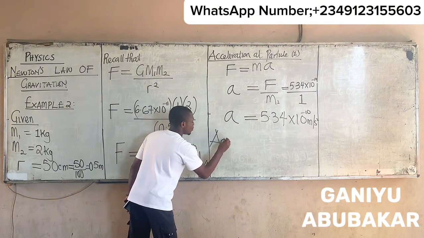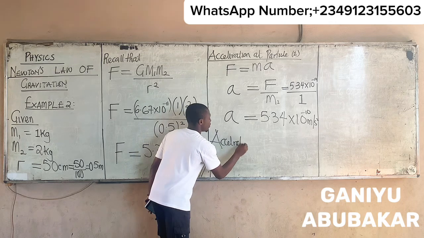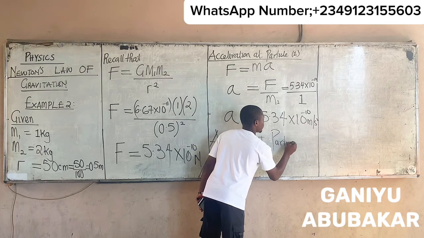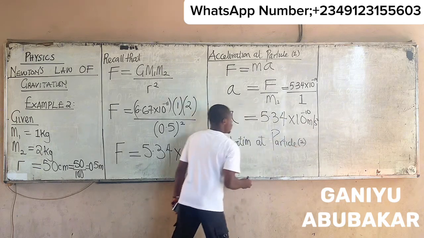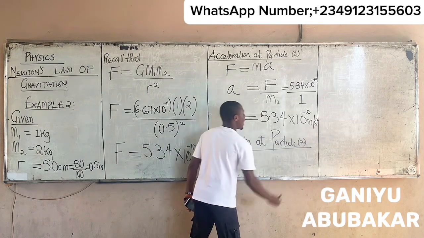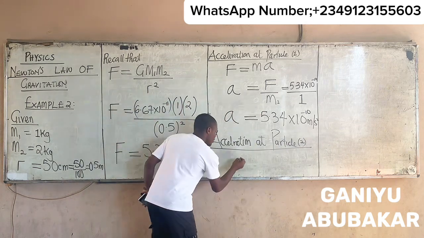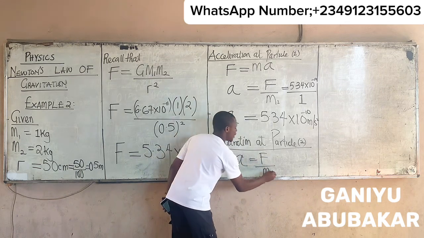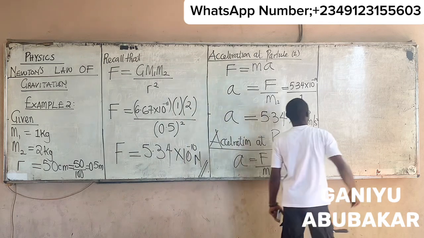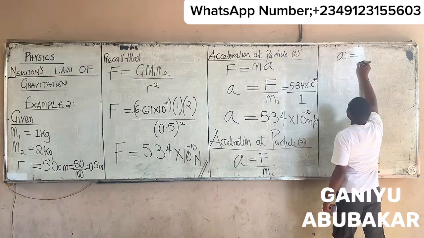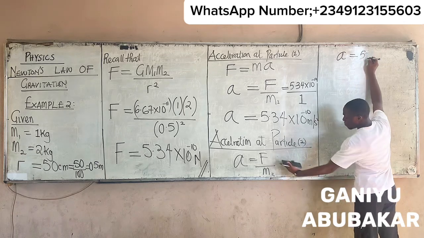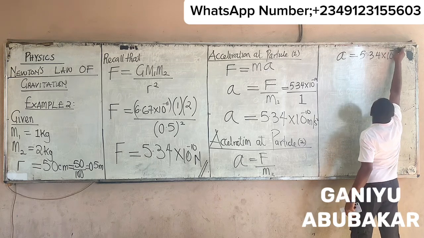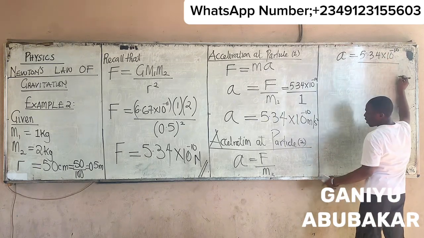Let's get the acceleration at particle 2. For particle 2, it's as easy as your normal formula: a equal to F over m, in this case m2. So a should be equal to F, which is 5.34 times 10 to the power minus 10, all over the mass 2.